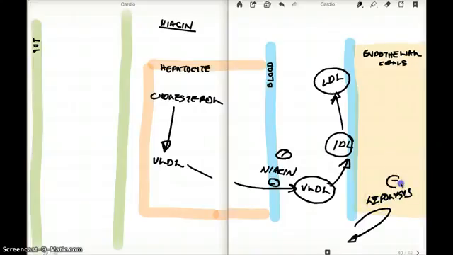It's going to inhibit lipolysis of adipose tissue. So this is also inhibited by niacin. So really niacin is working in two spots. One is that it's inhibiting the secretion of VLDL from the hepatocytes and also inhibiting lipolysis from the fatty tissues.